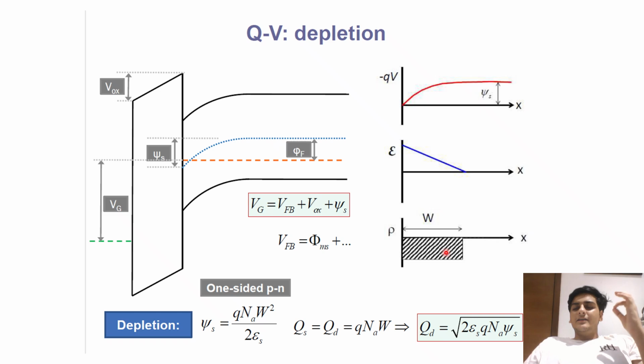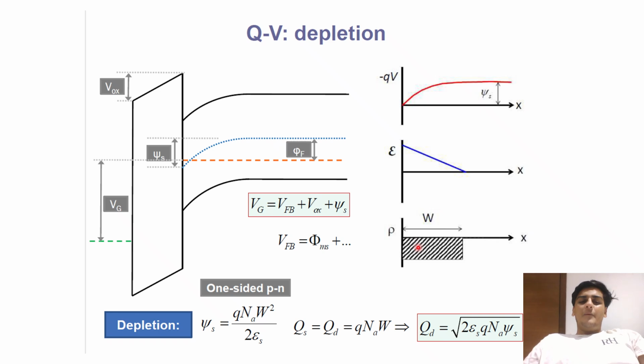So all I'm trying to tell you is that it's mathematically equivalent to having a one-sided PN junction, because if you had an N over here that was extremely highly doped, it would not change anything over here. It would create exactly this type of situation. And because it's mathematically equivalent, we can use the relationship between width and voltage to actually relate psi s to the width.